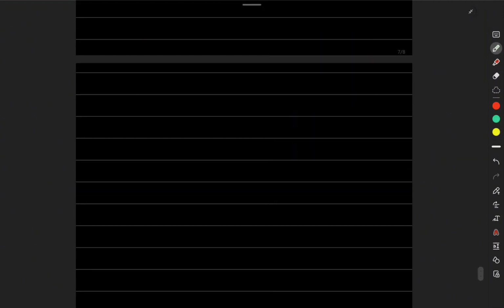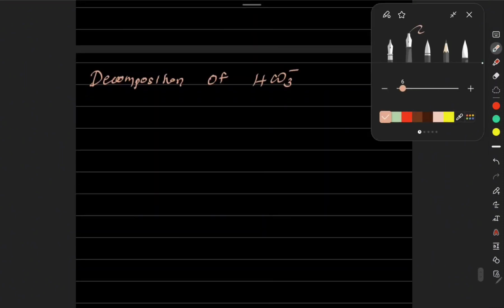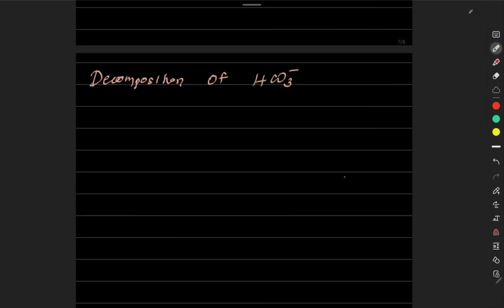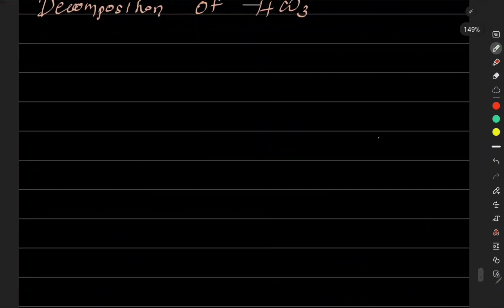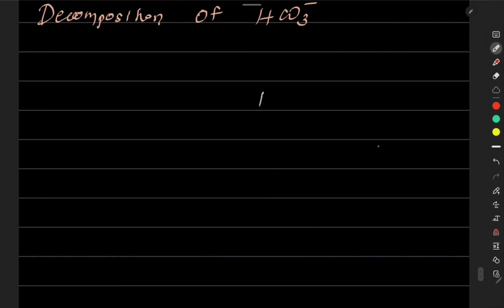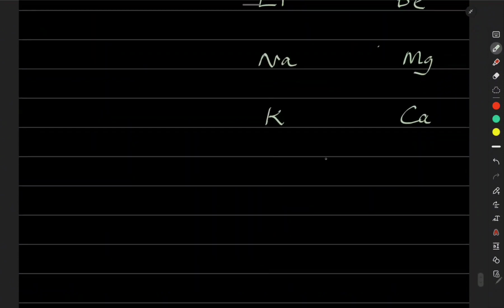Now let's talk about the decomposition of bicarbonates. I'll write the metals: lithium, beryllium, sodium, magnesium, potassium, calcium, rubidium, strontium, cesium, barium.